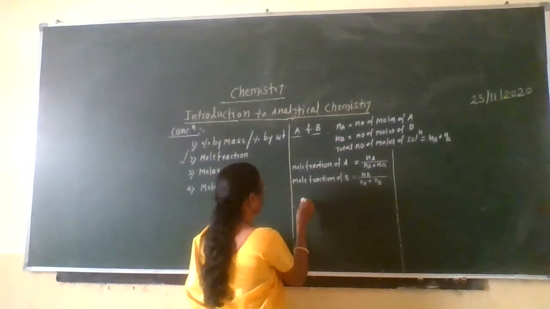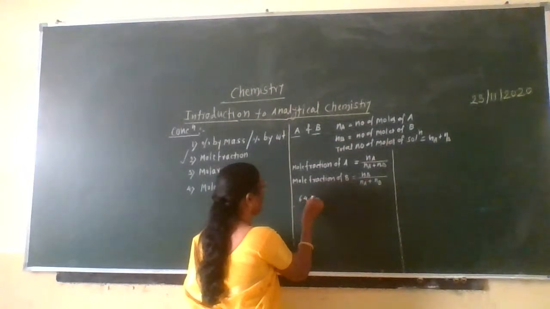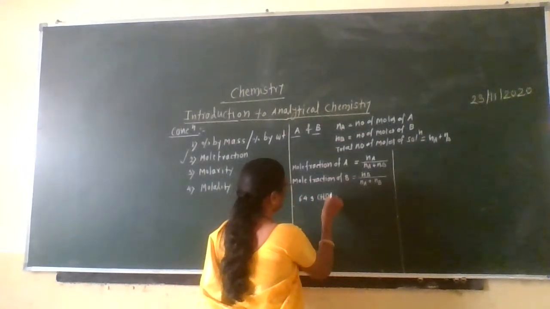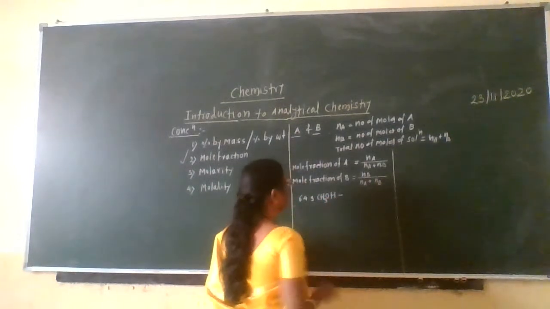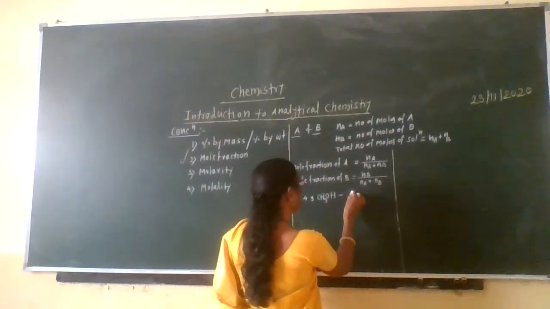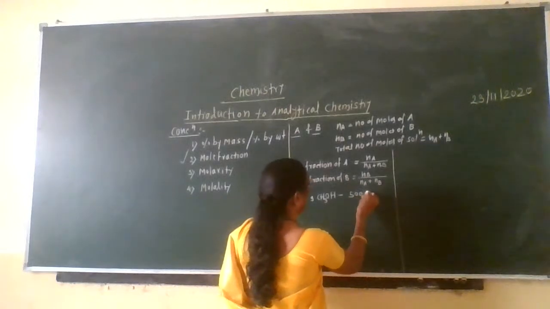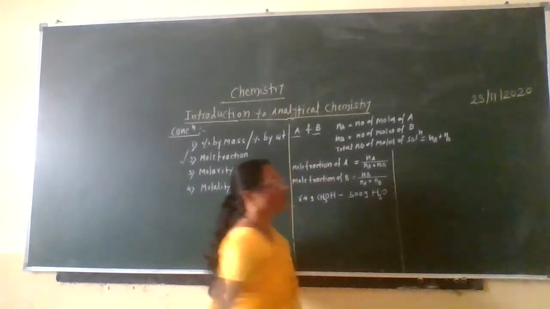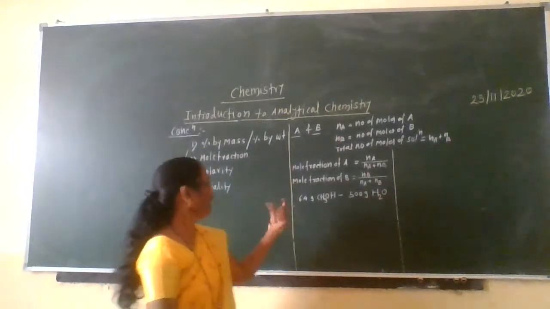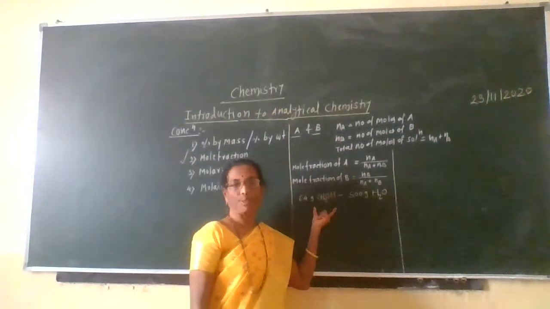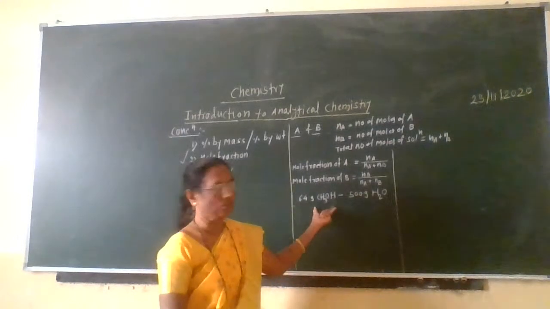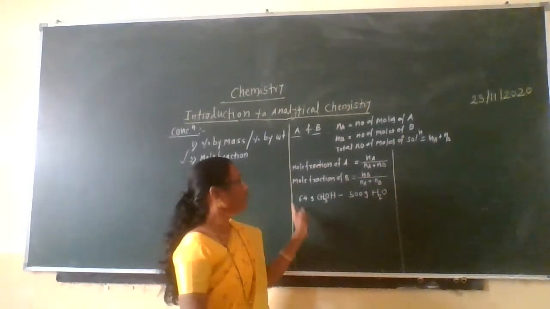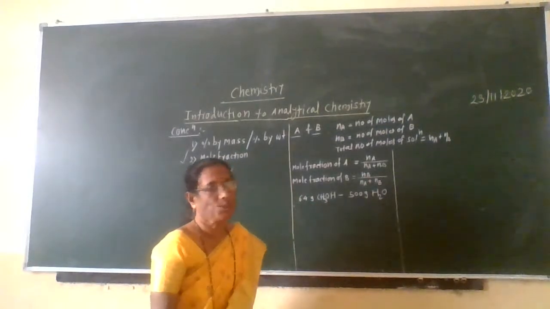Suppose we have 64 gram of methyl alcohol dissolved in 500 gram of water, and we have to calculate the mole fraction of the methyl alcohol as well as the mole fraction of the water in the given solution.